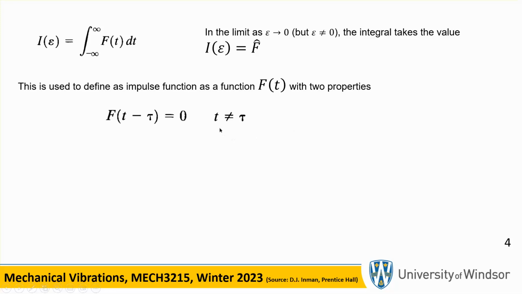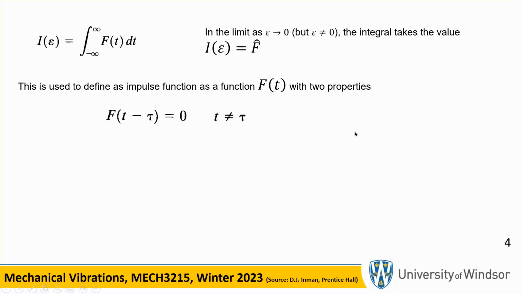First of all, notice that this function, just look at the graph of that function, as long as t is not the same as tau in the limit. Now remember, in the limit, when epsilon goes to zero, if t is not the same as tau, the function is dead. It's zero.